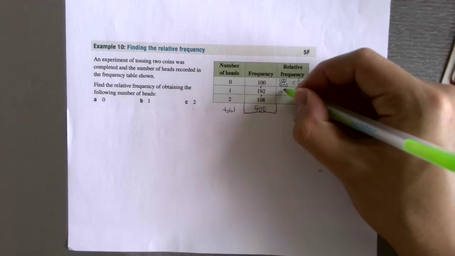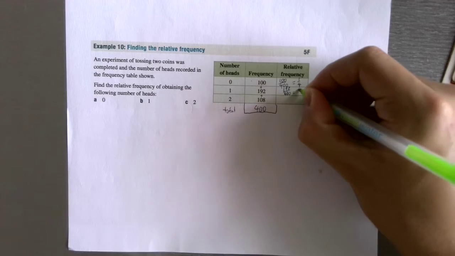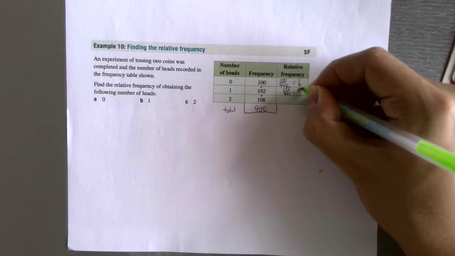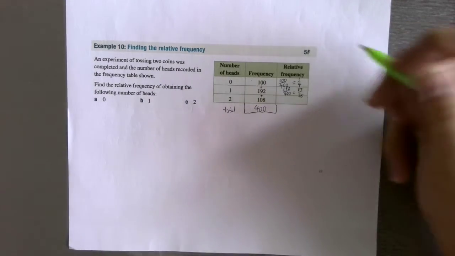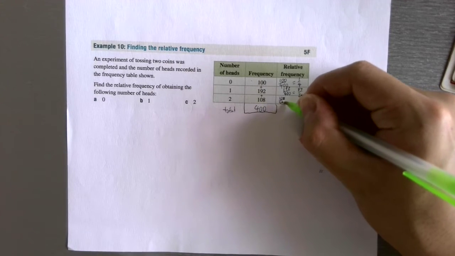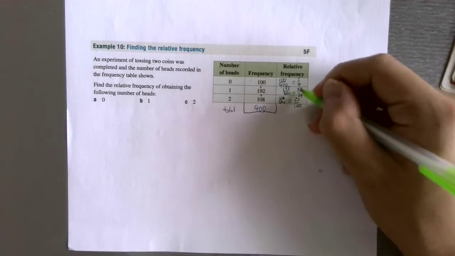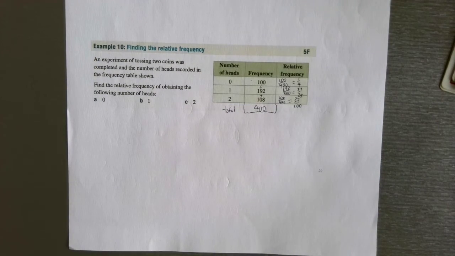If we do the same thing for the next numbers, 192 over 400 equals 12 over 25. And for the last, 108 over 400 gives us 27 on 100. Okay, so we've got the three relative frequencies there.